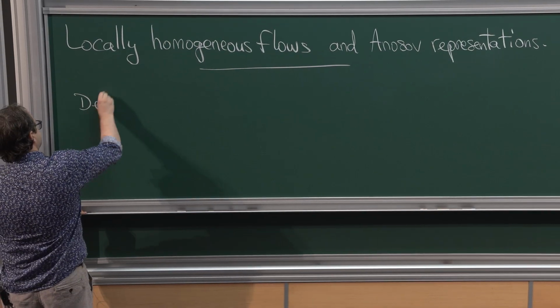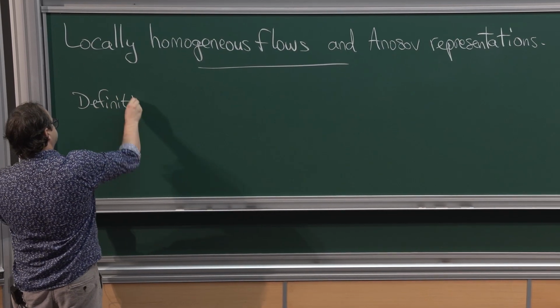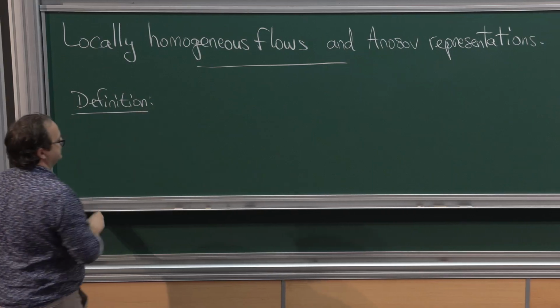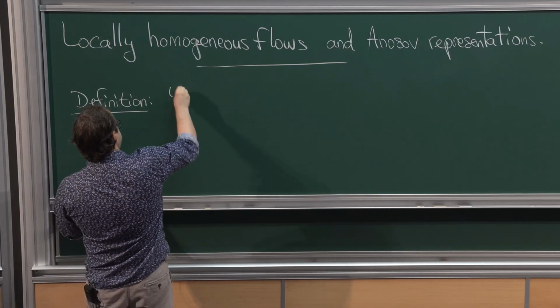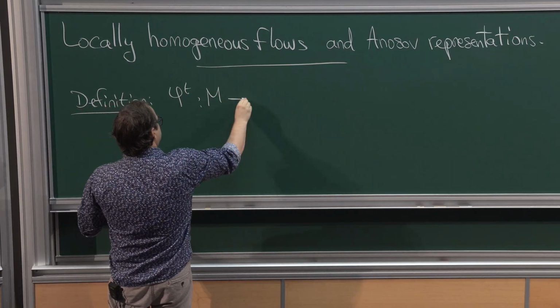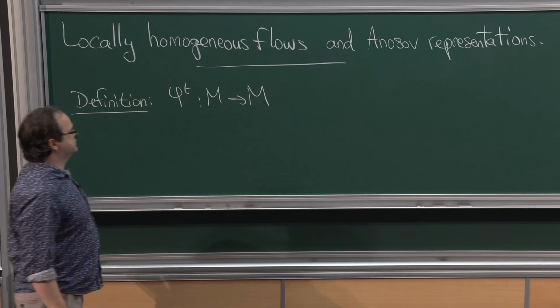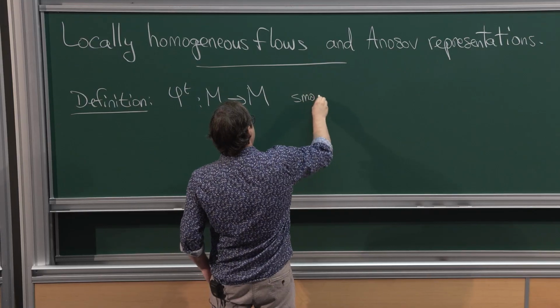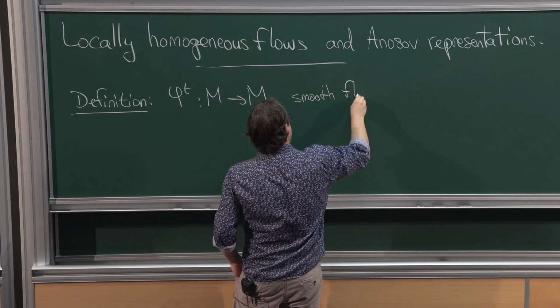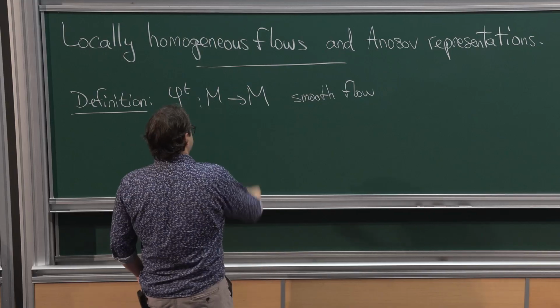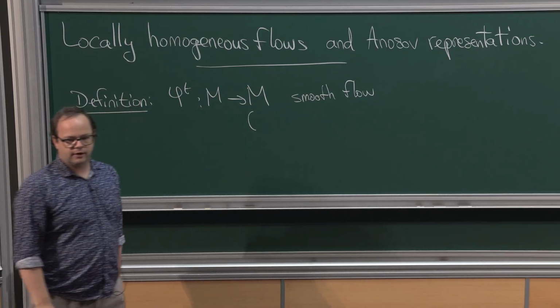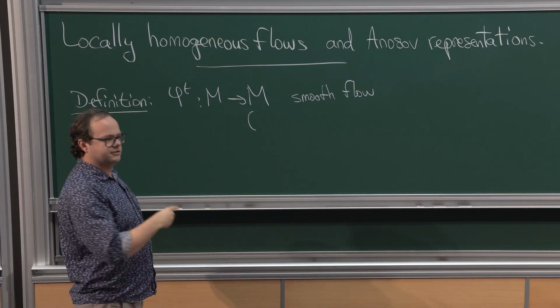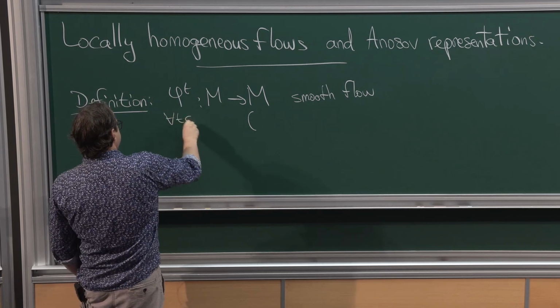So the basic definition will be a hyperbolic set. So the setting is a flow which for now will be a smooth flow on a manifold M. And I should say that whenever I consider a flow, I always assume that it is complete, so it is defined for any real number t.